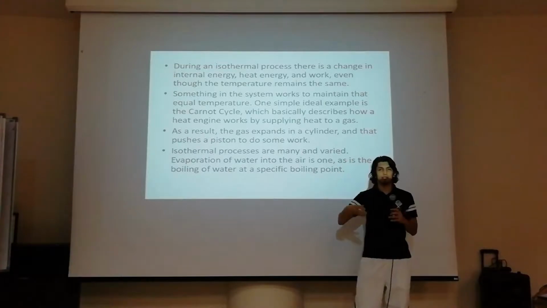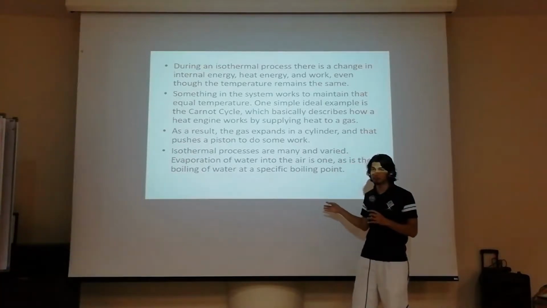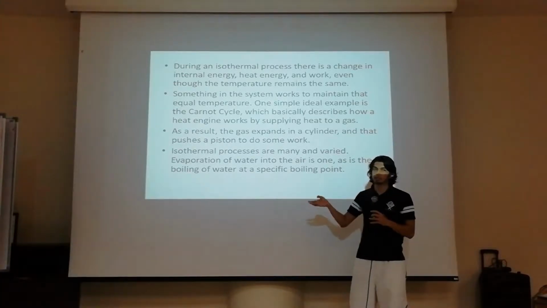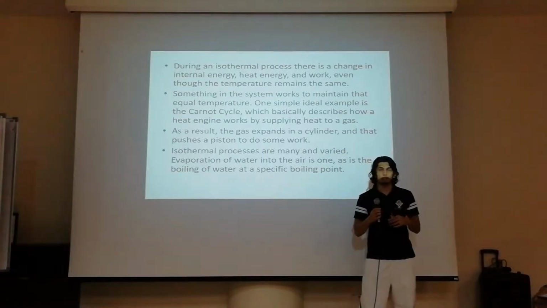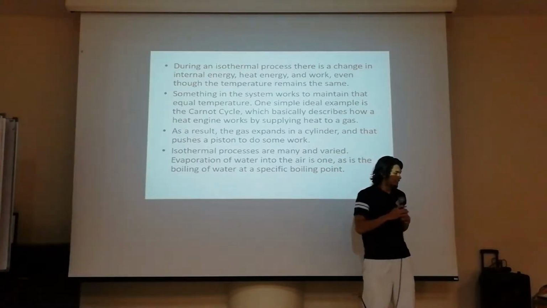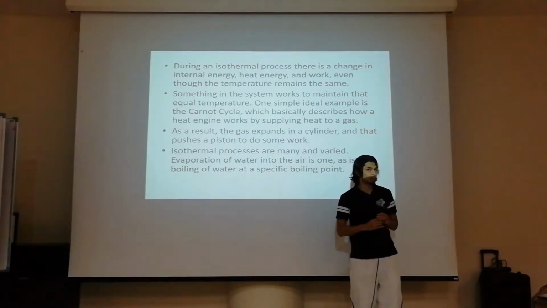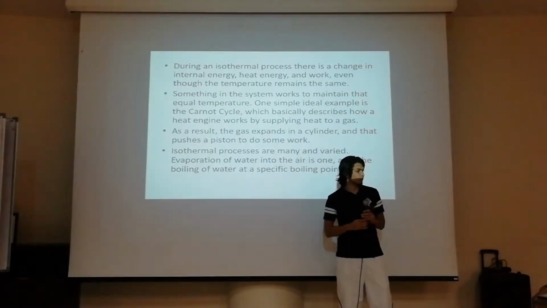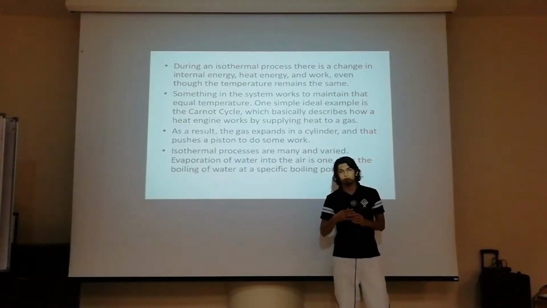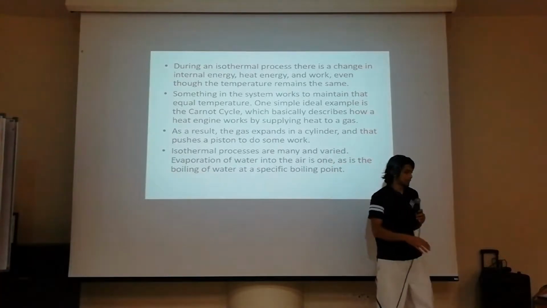By that we will get the PV diagram, as shown in the video animation. Examples of isothermal processes are the evaporation of water into the air, the boiling of water at a specific boiling point, and we can also relate it to the melting point of ice.